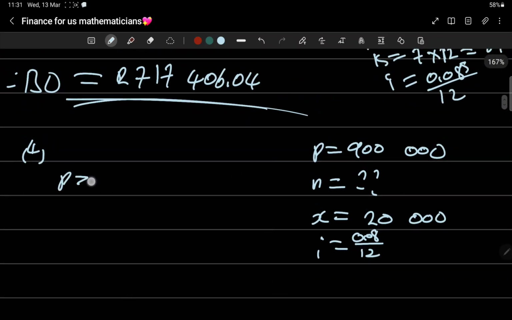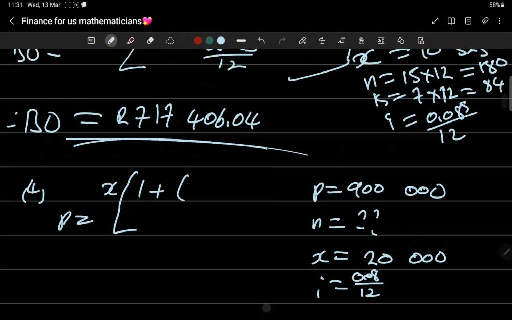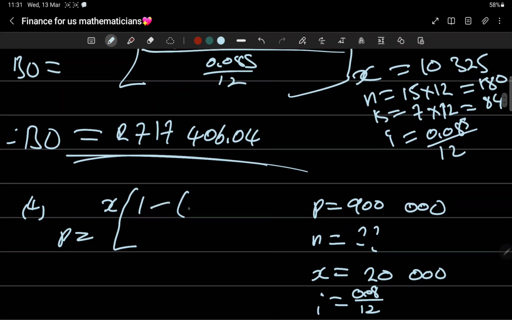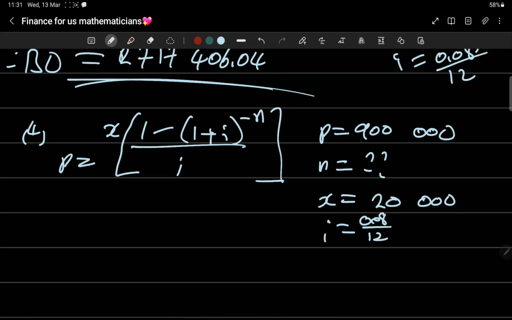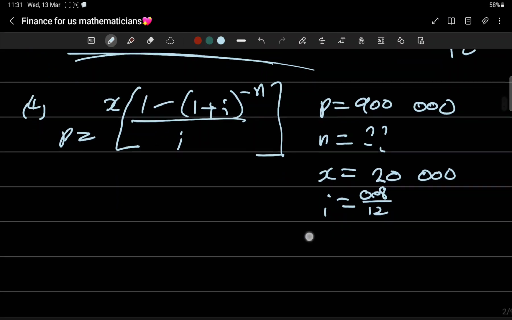So the formula: P equals X times 1 minus 1 plus I to the negative n, over I. There are two ways to do it here. Either you can just take this information and plug it in right away, or you can make n the subject of the formula, which is how I prefer to do it.